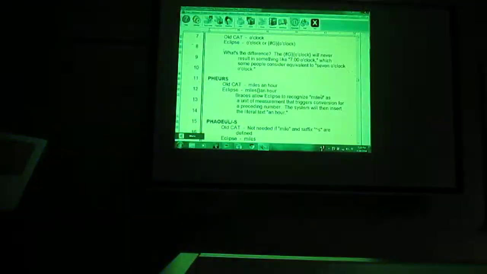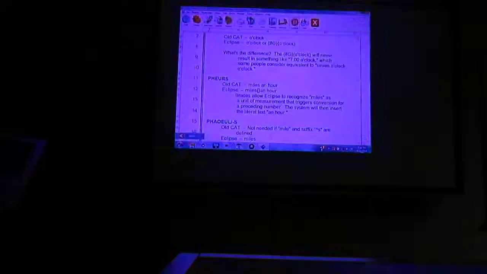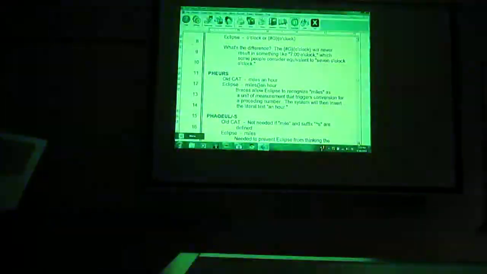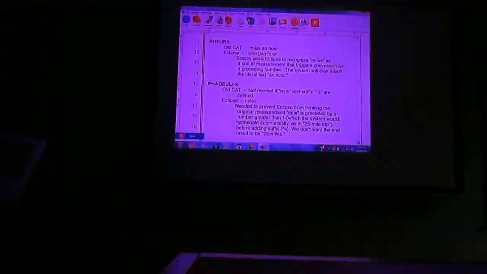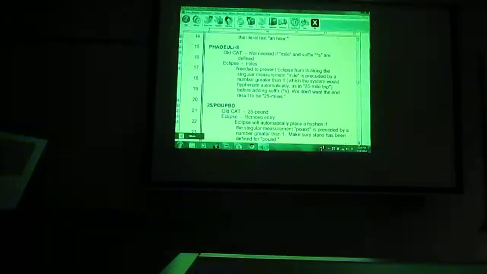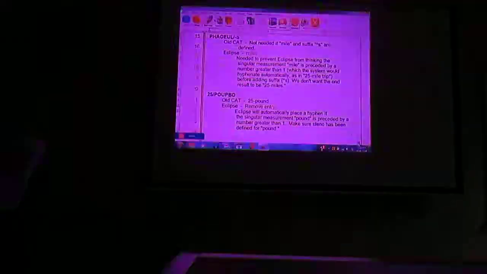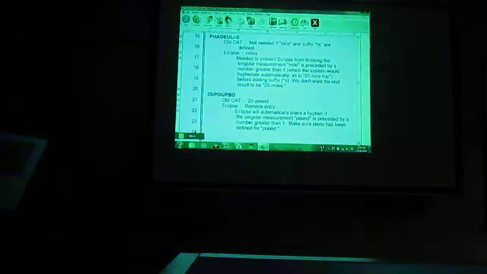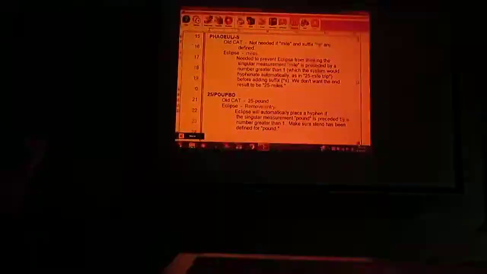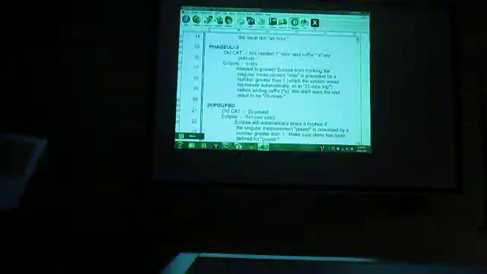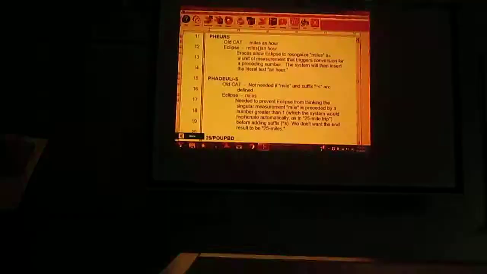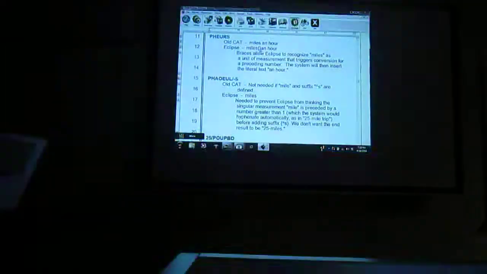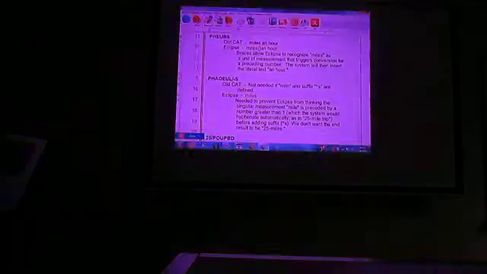It just means to put it together. Was it miles and then the brackets, and then an hour? Yeah. So miles, bracket, close bracket, an hour. Okay.